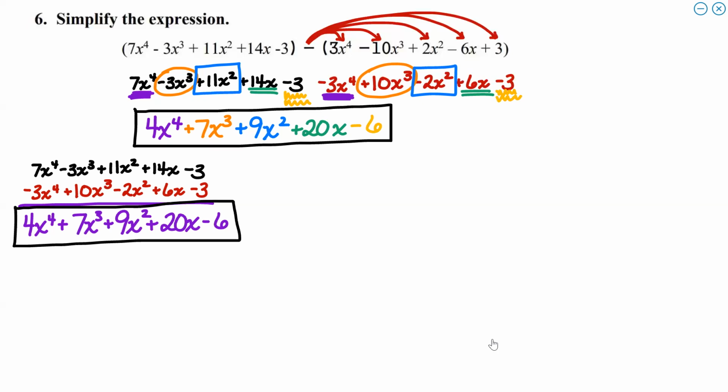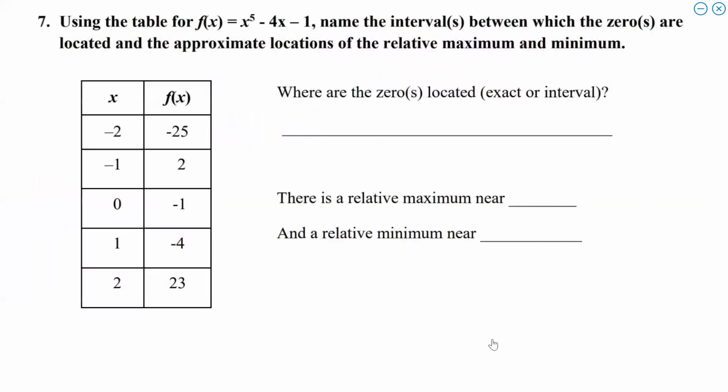All right. Do you guys have any questions at all about this one before we move on? Let's go look at number 7. We've got a table there, and we're supposed to try to determine a bunch of different things just based on that table. How can I look at the table and determine where the zeros are? Normally, I would look for what down the f of x column?